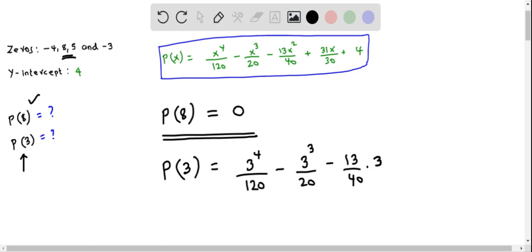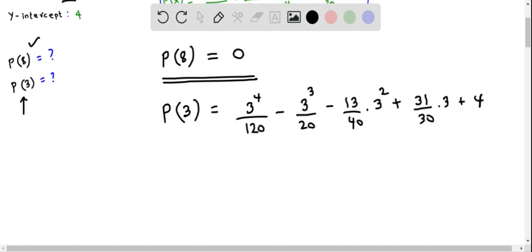So replace x by 3. So you get 3 squared plus 31 by 30 times 3 plus 4. Let's simplify and evaluate this.